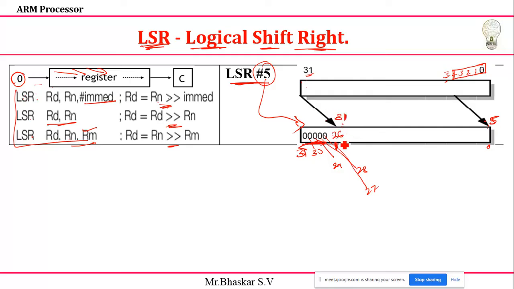Then the position is at the 26th bit of my destination register. From the source, the 31st value will come to the 26th of my destination register, and the 5th value of my source register will come to the 0th bit of my destination register. Clear this LSR?